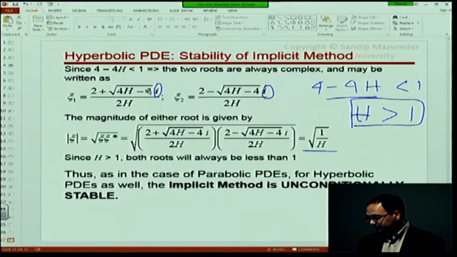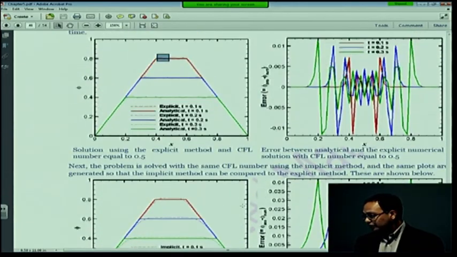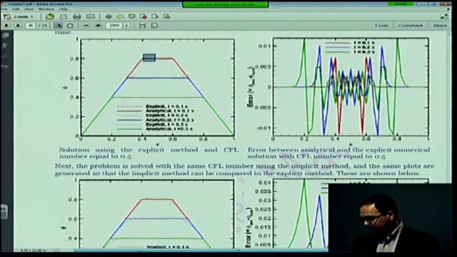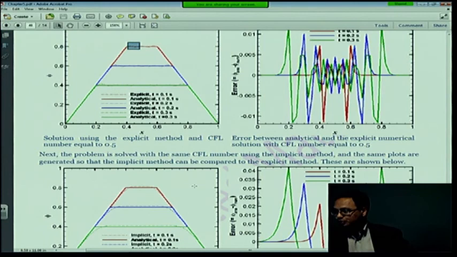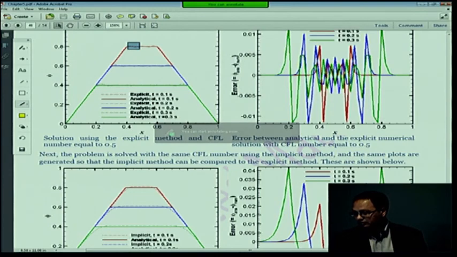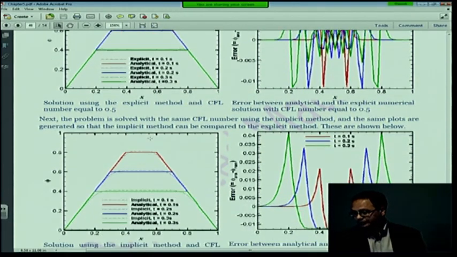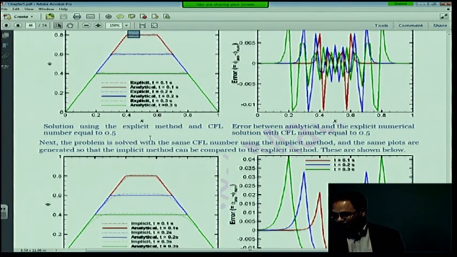Let me show you an example here. I showed you these results for the explicit method. For the same problem, if you now do implicit calculations, these are what your results look like. If you compare the magnitudes of the errors, the shapes are quite different, implicit versus explicit, as you can see, this plot versus that plot.